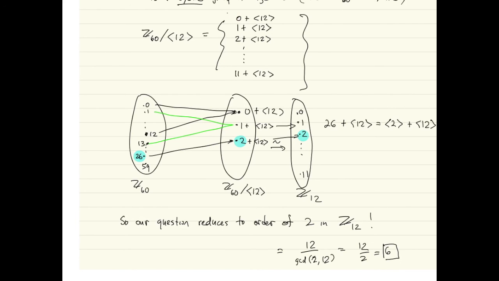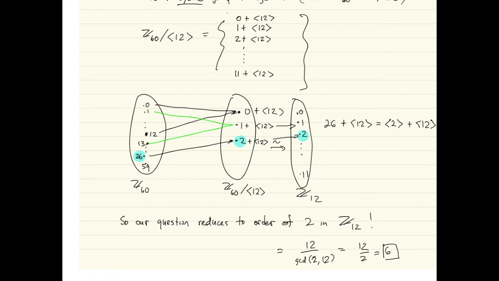All right, and so this 26 is 2 more than a multiple of 12, so it maps to the coset 2 plus bracket 12. Z mod 60 modulo 12 is a cyclic group of order 12, and that's what Z12 is.